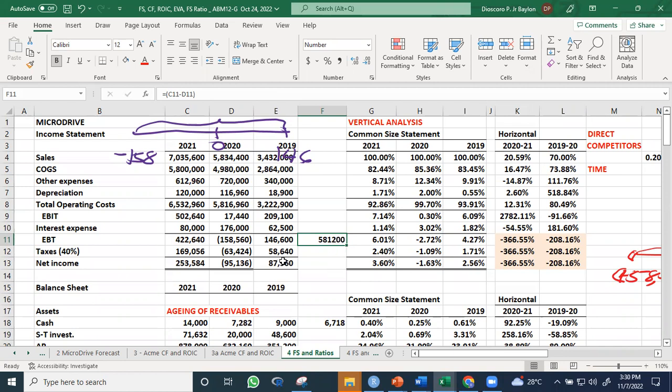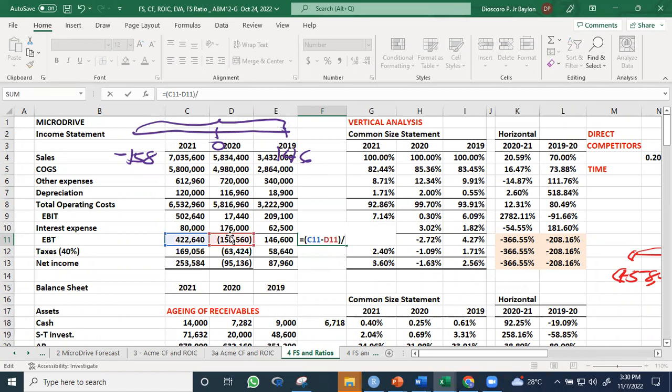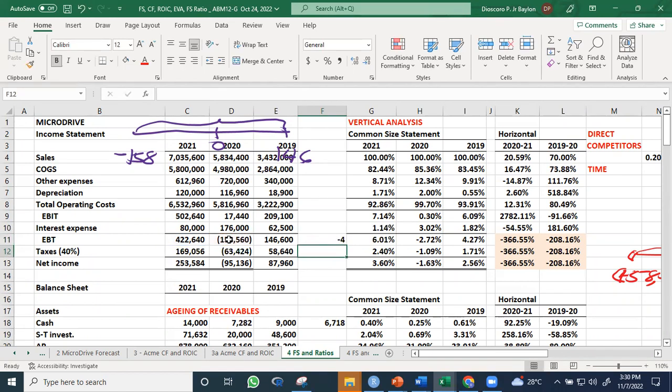And then we divide it. Ngayon, ang problema, pag dinivide natin ito, nagiging negative 4. Naging negative siya. No?